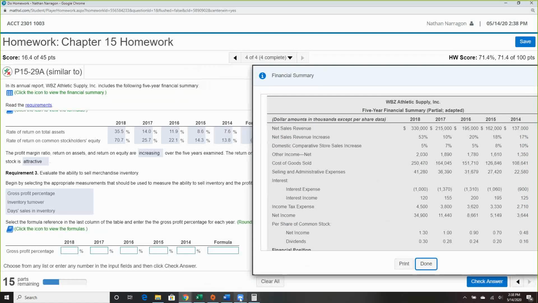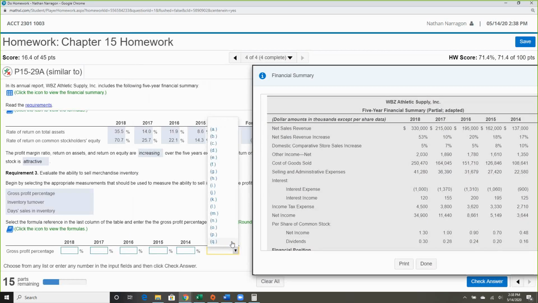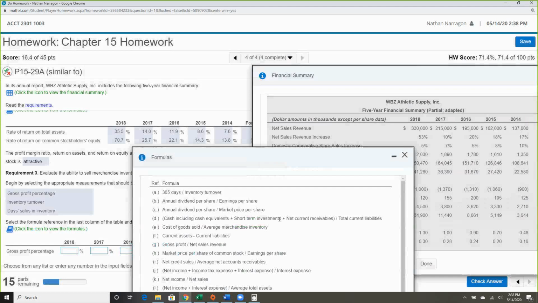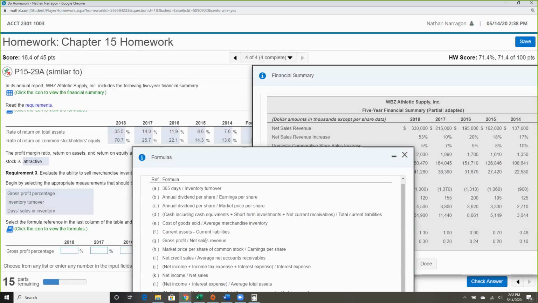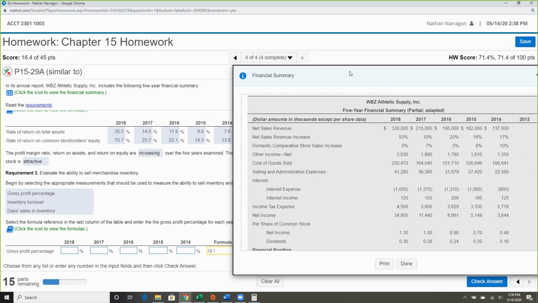Okay? Again, gross profit percentage is gross profit divided by net sales. So that will be G. This one we're probably going to have to look at.